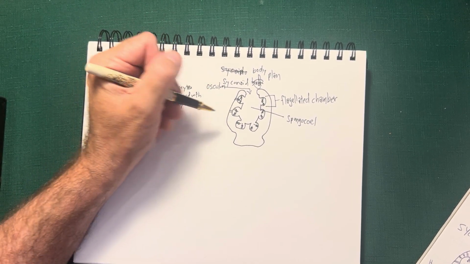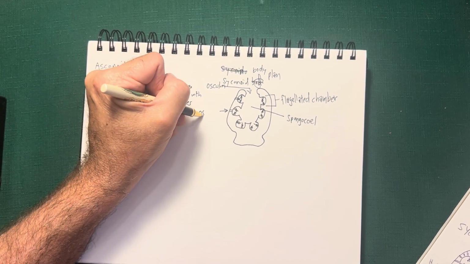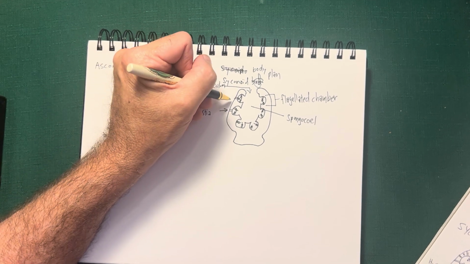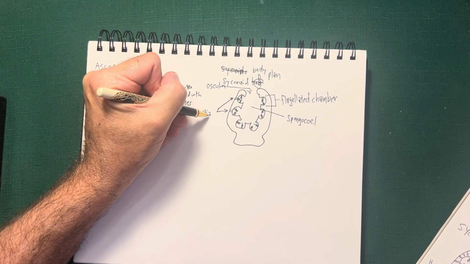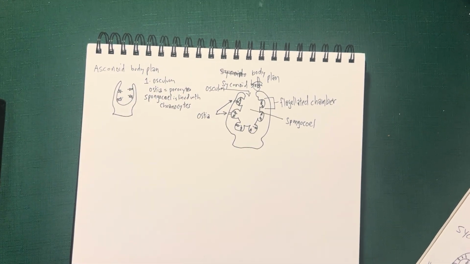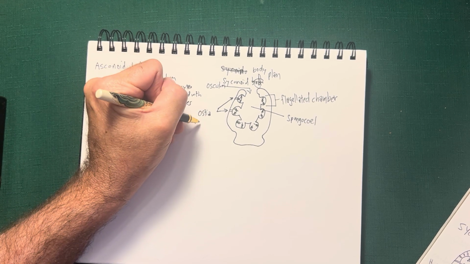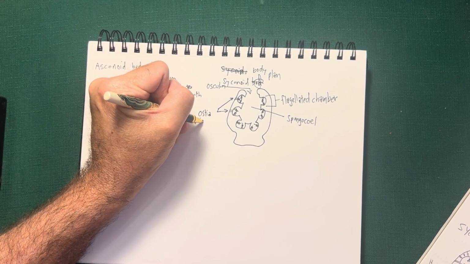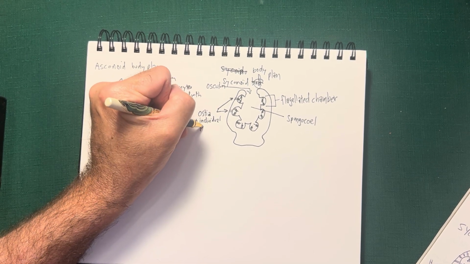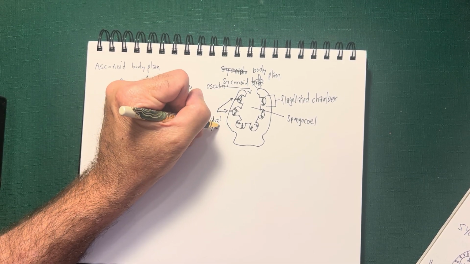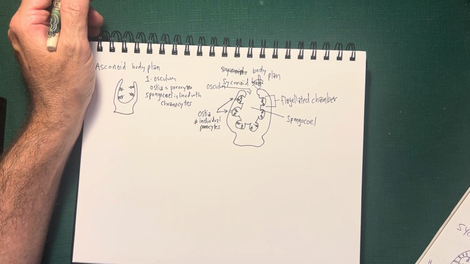And now we still have ostia to provide water entry into those flagellated chambers, but they're not made up of single porocytes anymore. So now the ostia are multicellular. Okay?